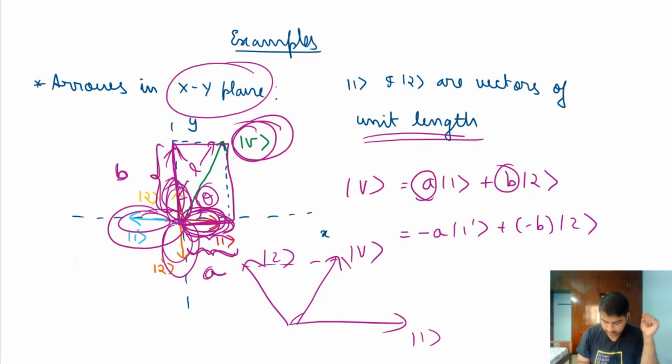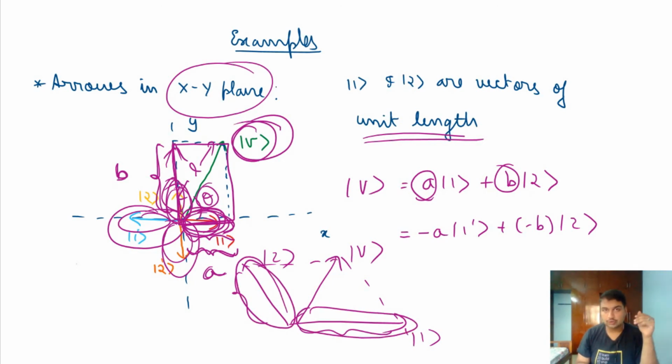So I would draw something like this and find the corresponding lengths of the two sides of the parallelogram and find the appropriate constants with which you need to multiply these two vectors in order to change their length to the same length as the sides of the parallelogram, so that when you add them up, you get the same vector v. And in that way, you can find the components of the vector v along the bases 1 and 2.